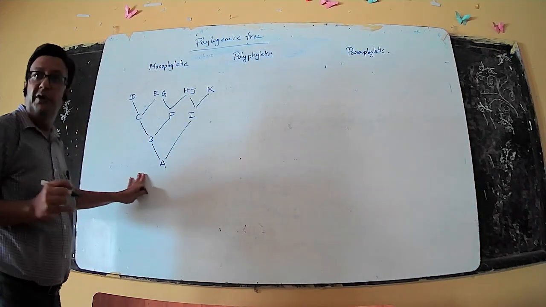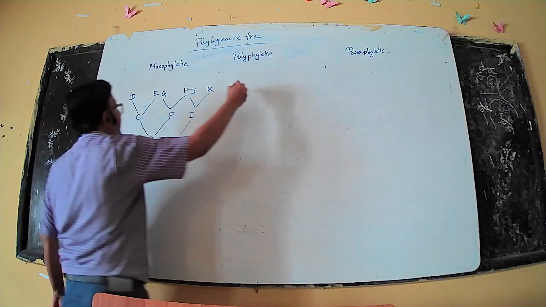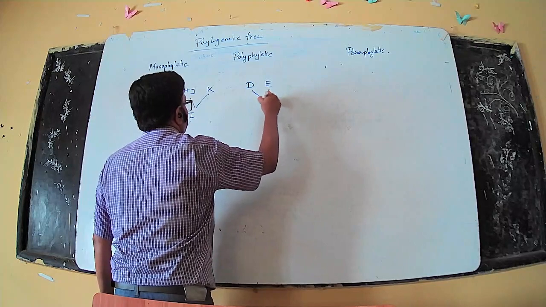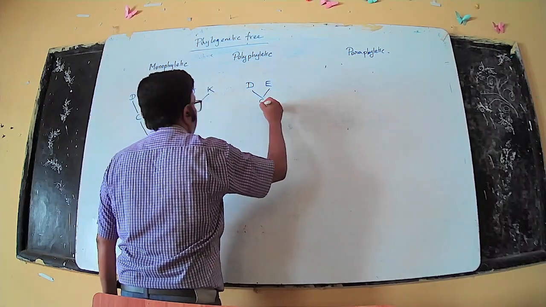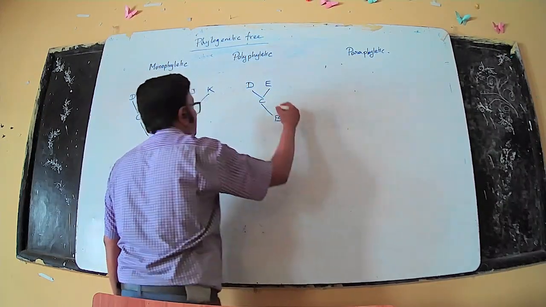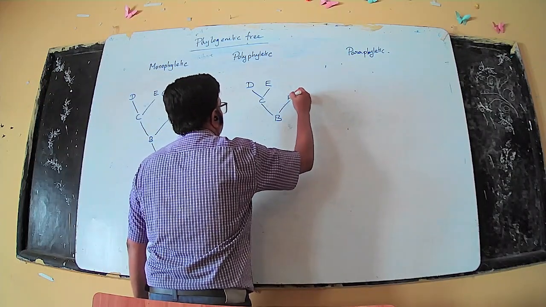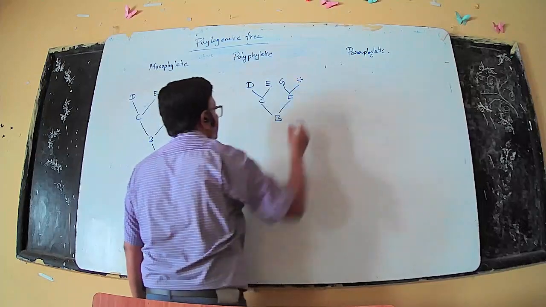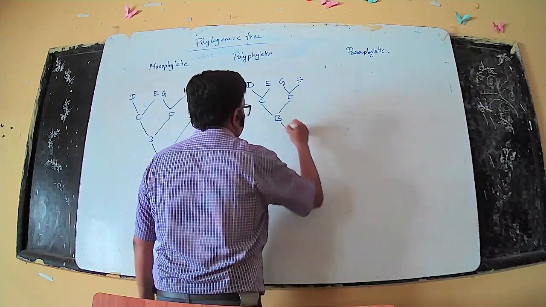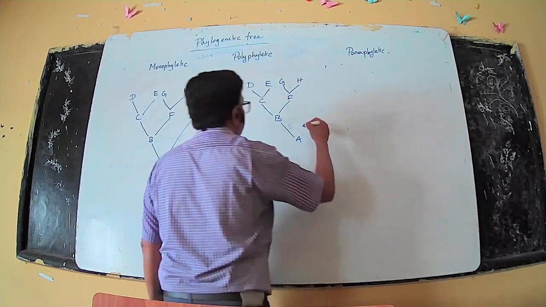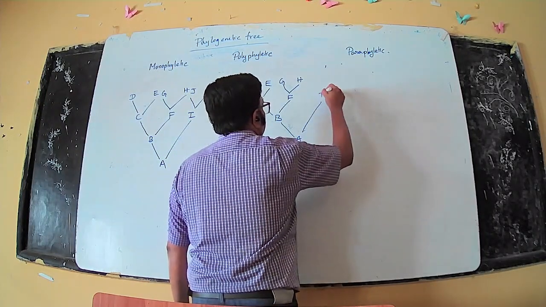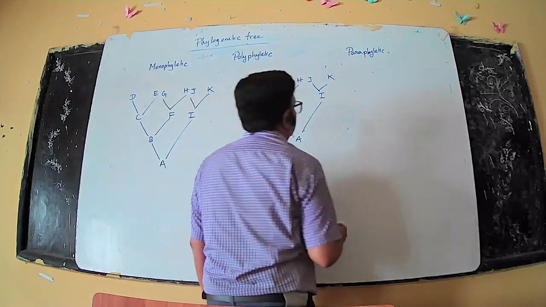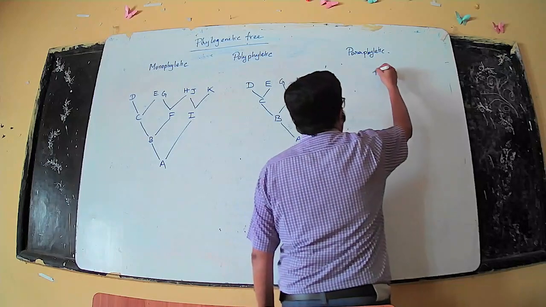I am drawing an evolutionary tree. 3 জায়গা. Again I am drawing this over here.